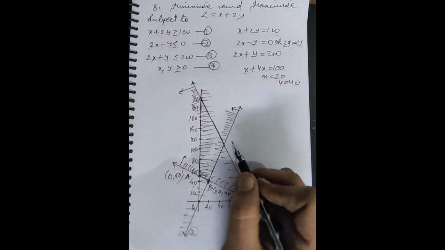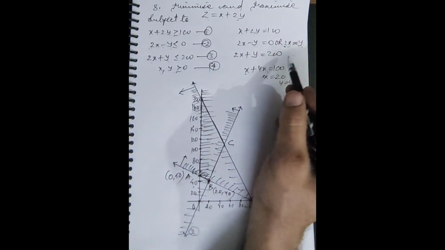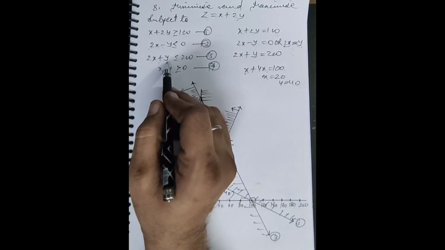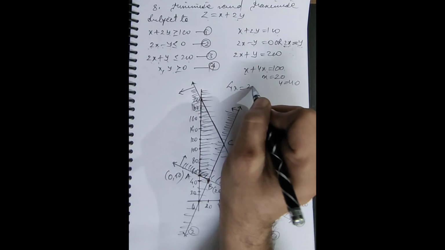Yes, we need the next point C, which is the intersection of 3 and 2. So 2 again means y is equal to 2x. We have to put that in 3. If I take y equal to 2x, 4x equal to 200. I am doing all rough work here. I expected not a hodgepodge, but you should use a margin whenever you are sitting in an exam.